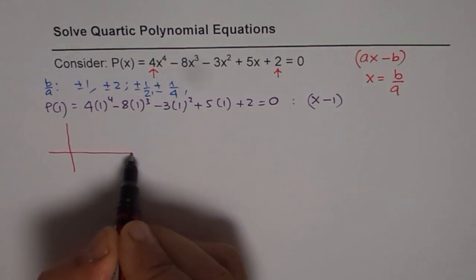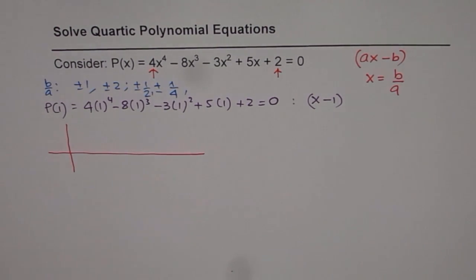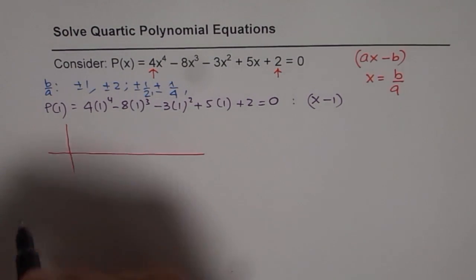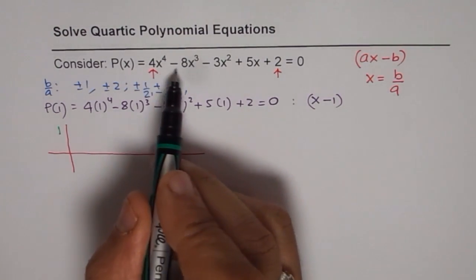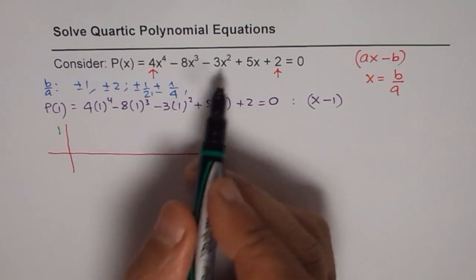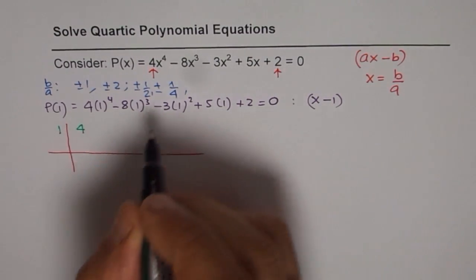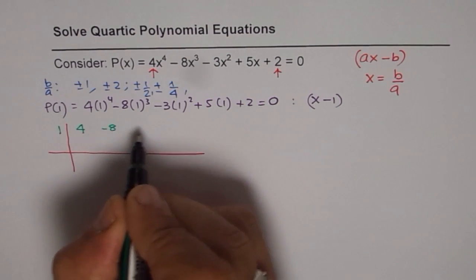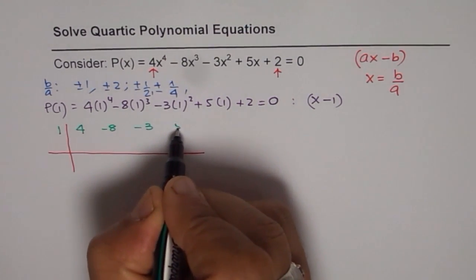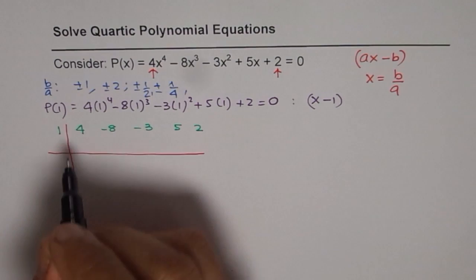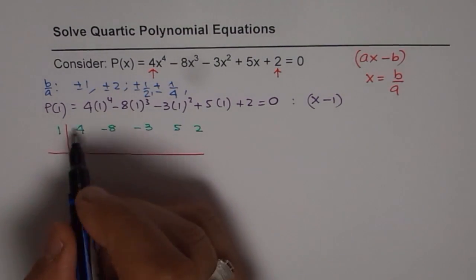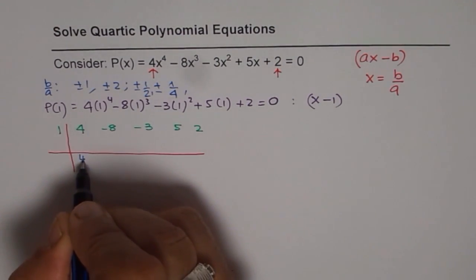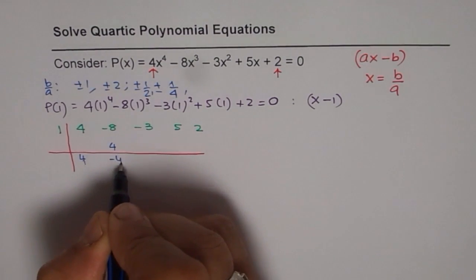So we'll do synthetic division, and we are expecting the remainder to be 0, right? Since x minus 1 is a factor, we'll divide by 1 and write down all these coefficients. None of the coefficients is missing, so we don't have to introduce a placeholder. So we have 4, minus 8, minus 3, 5 and 2. So we bring down 4, multiply by 1, you get 4, add them up, minus 4.